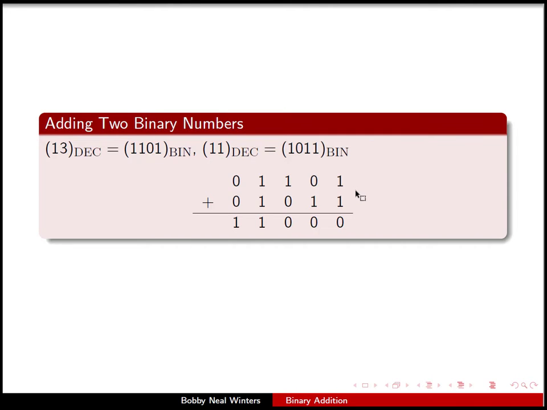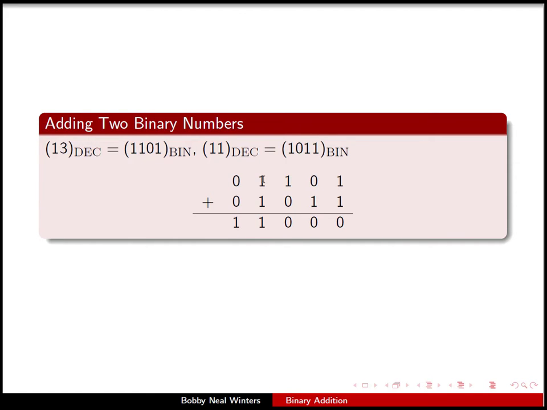And we add in much the same way as we do when we're adding numbers base 10. It's just there are fewer addition facts to remember. We just go 1 plus 1 is 2. 2 is represented with a 1 and a 0, so I put down a 0 and I carry the 1, and then I have 1 plus 1, again that's 2, put down the 0, carry the 1, 1 plus 1 is 2, okay, put down the 0 and carry the 1.